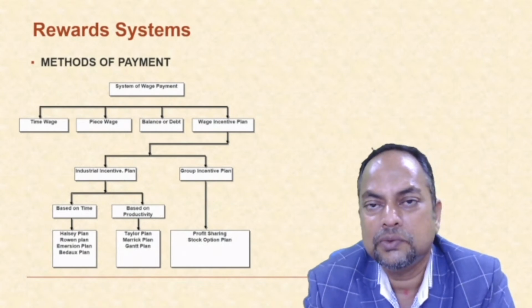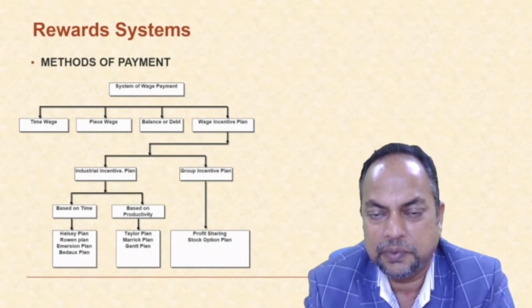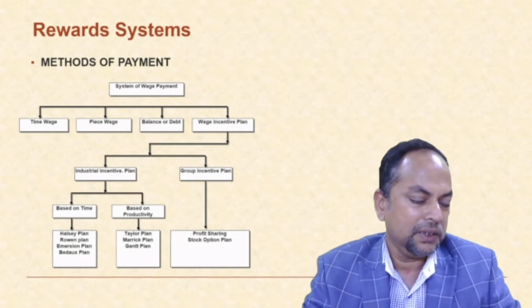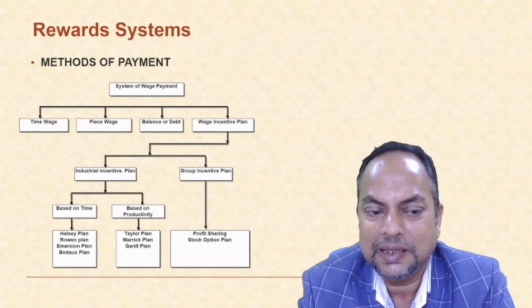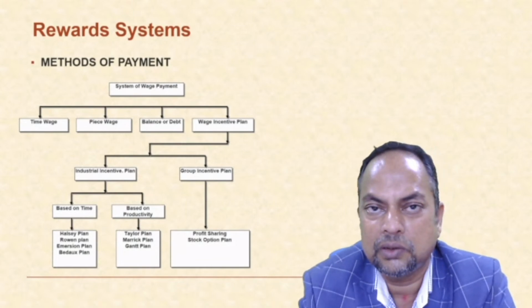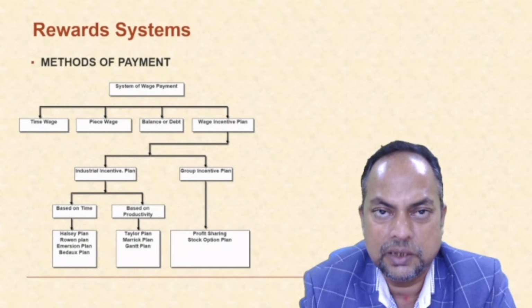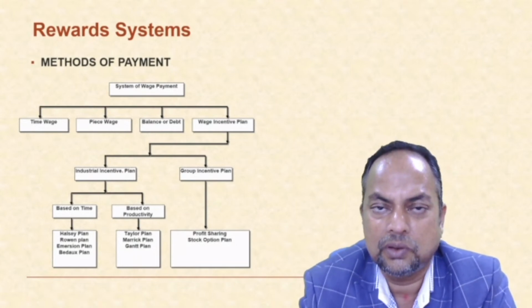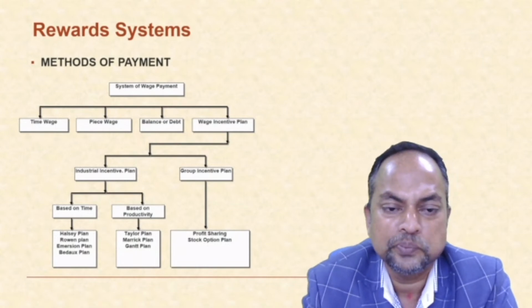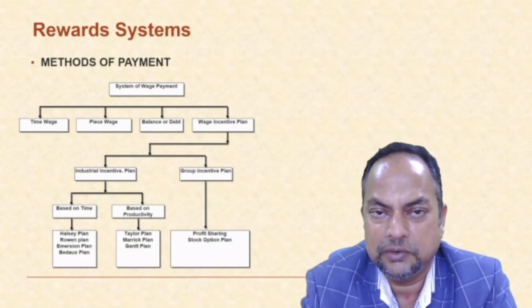Right? Beyond that, we have to talk about incentive plans. Incentive plans can be divided into two ways. There's an industrial incentive plan, which is normally based on individuals and their performances. So here you can say industrial incentive plan can also be called the individual incentive plan, and there are group incentive plans.